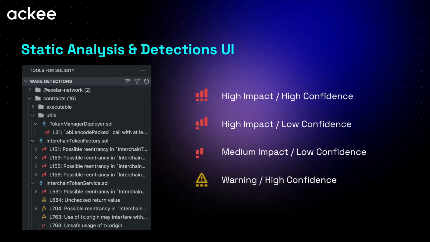And these are some examples of our two-dimensional icons. So we are evaluating the impact of the vulnerability and how confident the detector is about this finding. So I think it's pretty clear: high impact, high confidence, high impact, low confidence, etc.